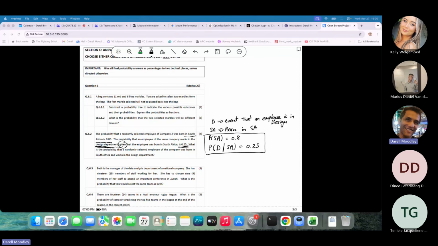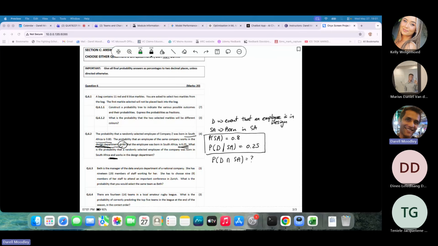And they're asking us to solve what is the probability that a randomly selected employee of the company was born in South Africa and works in the design department. So what they want us to work out is the probability of D and SA.